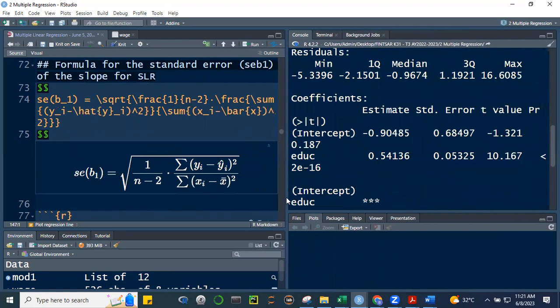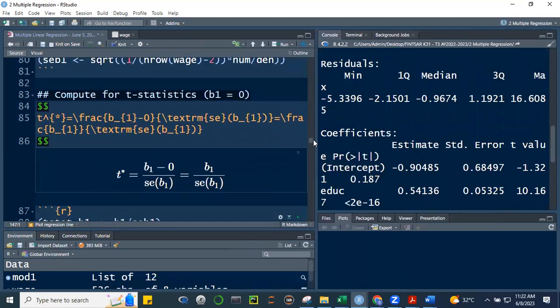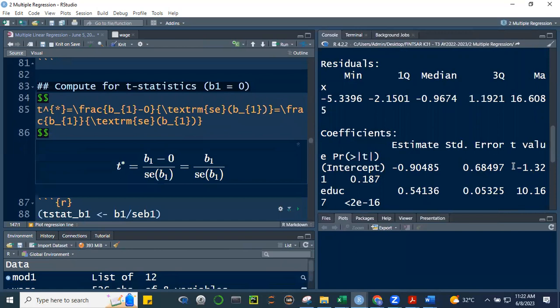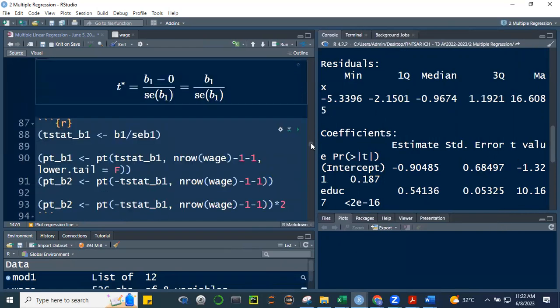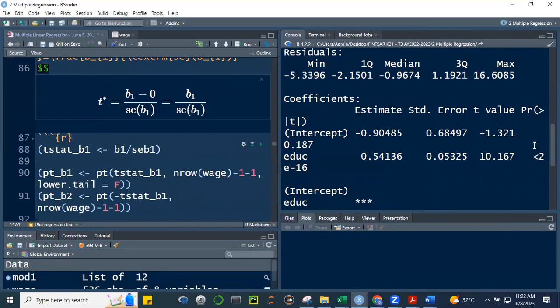This is the standard error of your slope. There's also a formula for the standard error of your intercept, but we didn't look at that anymore. Then we also computed the t-value, and once we get the t-value, you can now compute for your p-value.